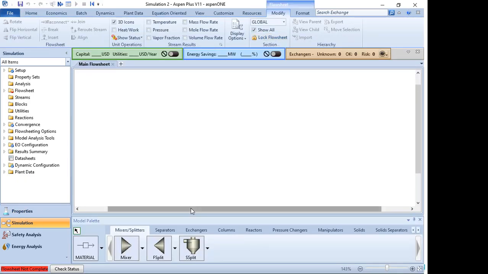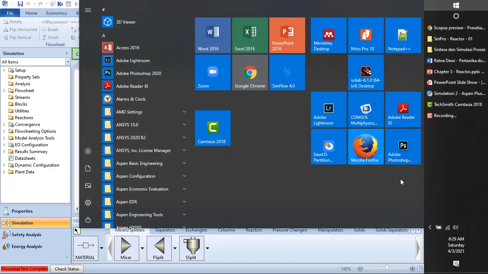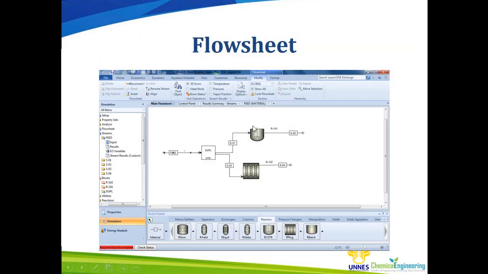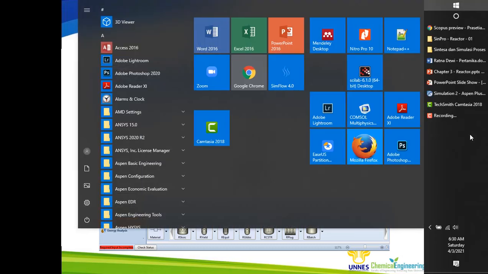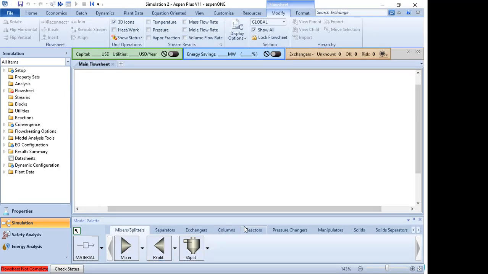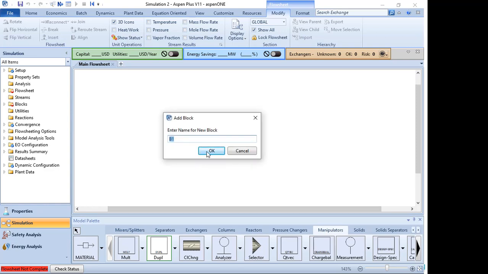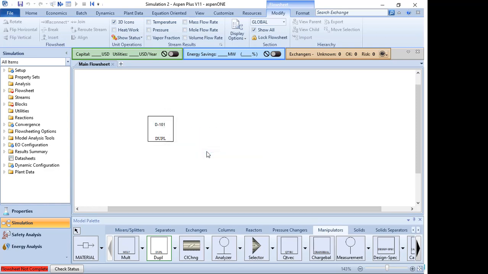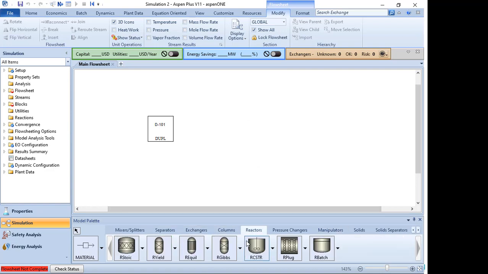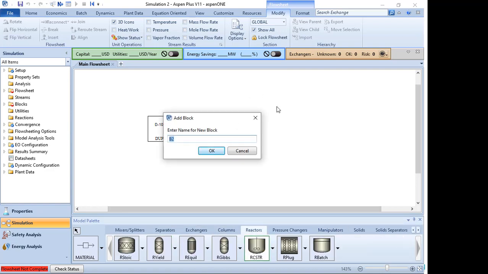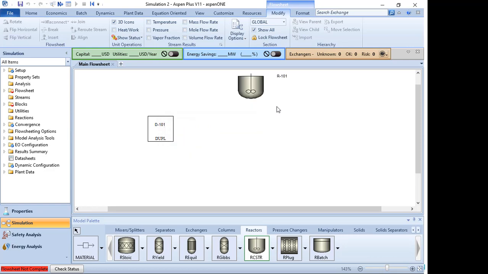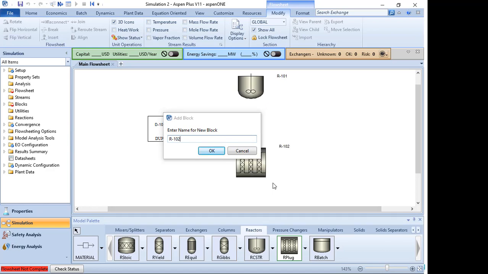Here we have one feed and two reactors. So we are going to draw something like this: one feed, two reactors, which are CSTR and plug flow, and one duplicator. This one is duplicator T101, and then we will put the CSTR here, R101, and then the plug flow reactor is R102.